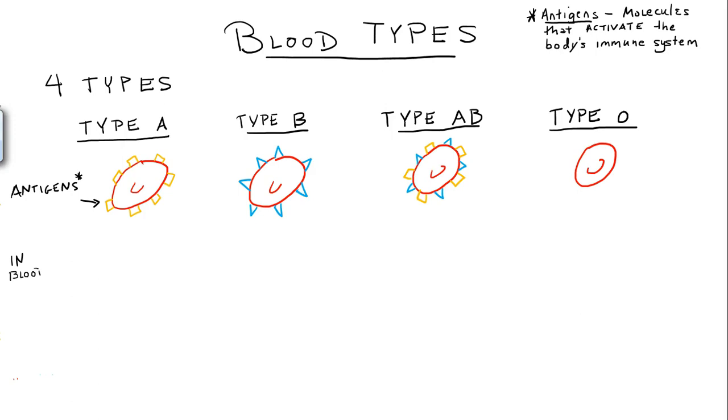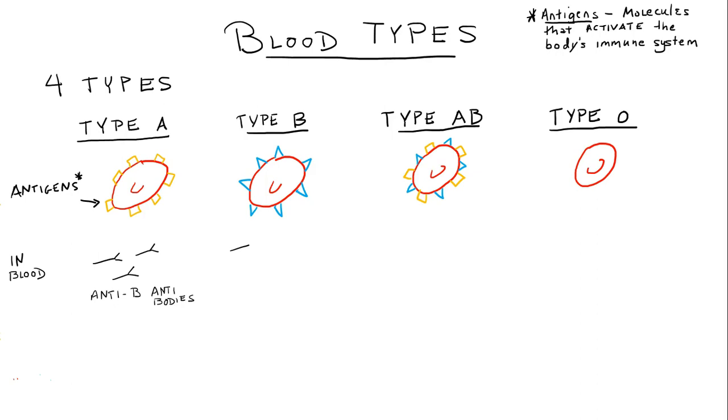Let's look at what else is in the blood of each of these people. Interestingly, a person who has type A blood will naturally have what are called anti-B antibodies, and that means they have antibodies against type B blood.